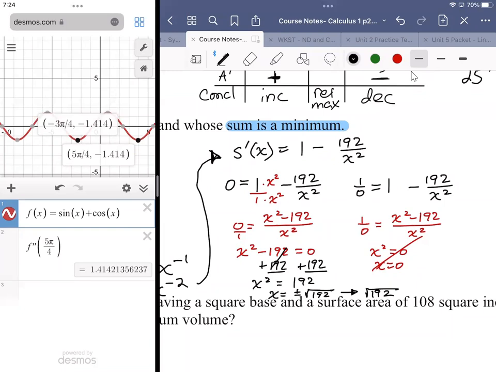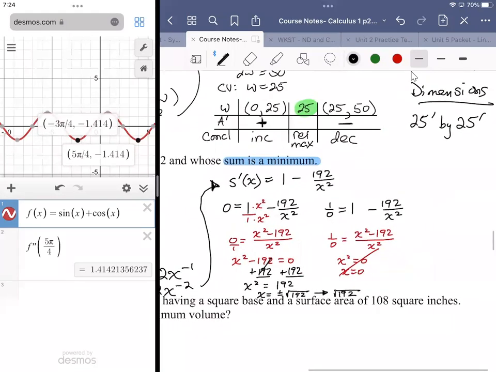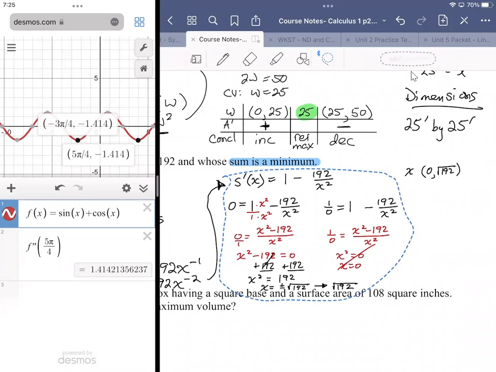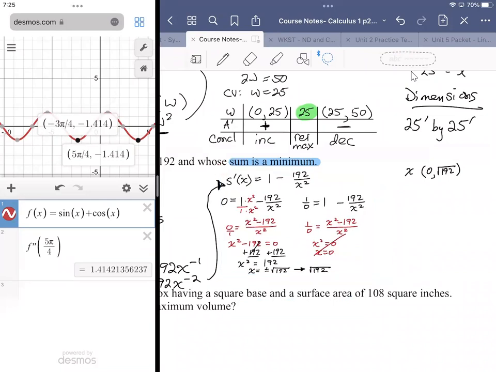So when I make my sign chart, I'm going to do pretty much what I did in the last problem. And that is start off at 0. Go to the first critical value, first and only critical value. Stop at that first and only critical value.